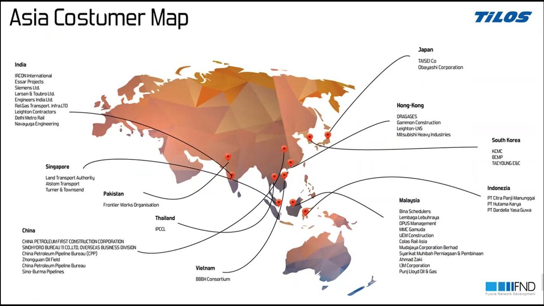Beside Germany and Europe, we have the Asia customer map. You can see we have customers in Singapore, Pakistan, China, India, Malaysia, Indonesia, South Korea. A lot of quite big companies are using TILOS for their projects.